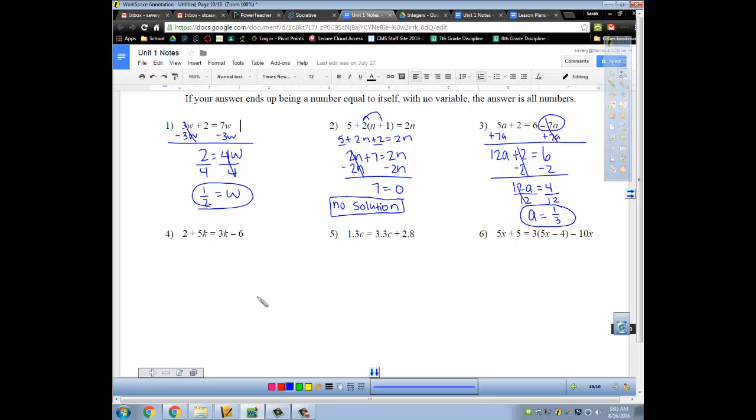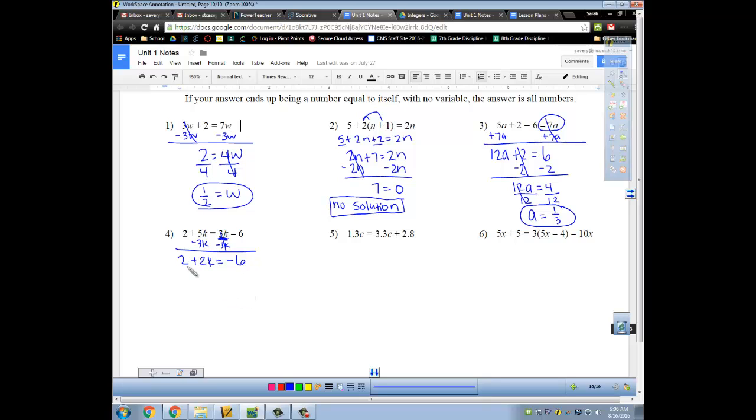Number 4, we have variables on both sides, but we also have a normal number on both sides, a constant. So you can choose whichever variable you want, but again, I prefer to choose the smallest one. So I'm going to choose this 3k. It's a positive 3k, so I'm going to subtract it from both sides to get 2 plus 2k equals a negative 6.